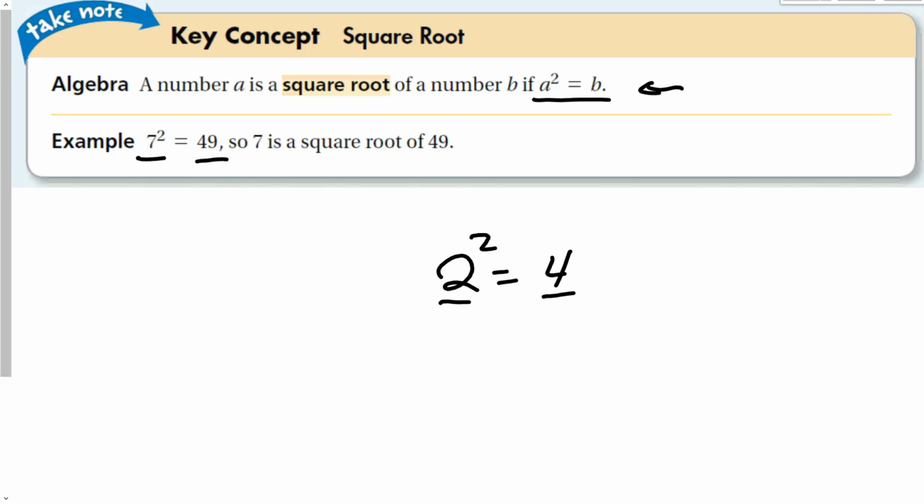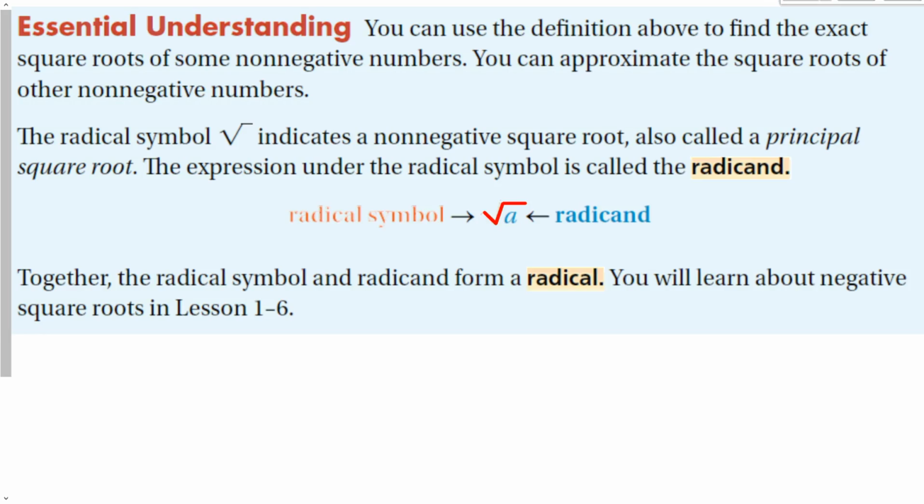And our essential understanding is that we can use this definition above to find the exact square roots of some non-negative numbers. That's important. Non-negative. We cannot take square roots of negative numbers in our real number system. And I'll talk a little bit about that more later.